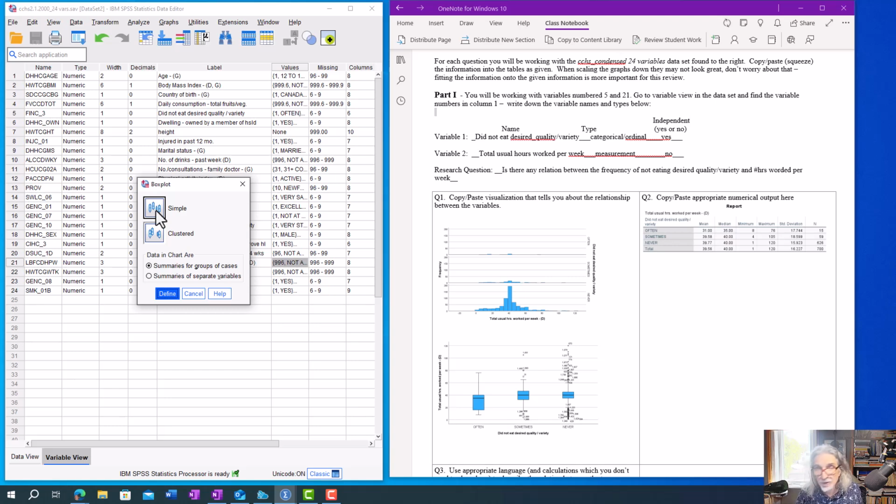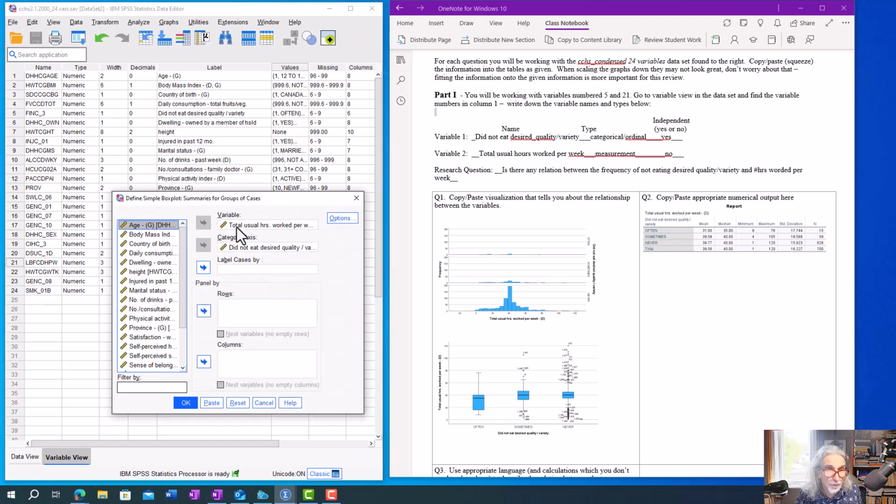If you go to SPSS instructions, it tells you to choose simple, summaries for groups of cases, define. Now, category axis, because you have to have a category. So down here, often, sometimes, never, in the output you can see on the right side here. I'm pointing to it. And variable, that's the measurement variable, total usual hours worked.